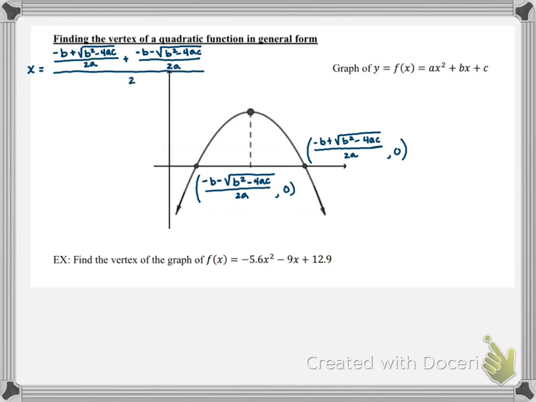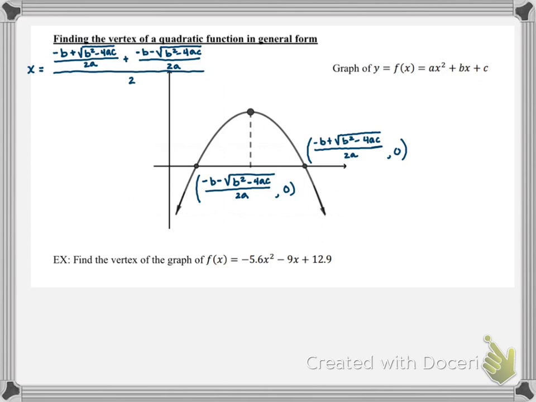This looks pretty messy, but what I notice in the numerator is that the two fractions I'm adding have a common denominator, so all I have to do is add the numerators. The fraction on the left has a positive square root of b squared minus 4ac, and the fraction on the right has a negative square root of b squared minus 4ac.